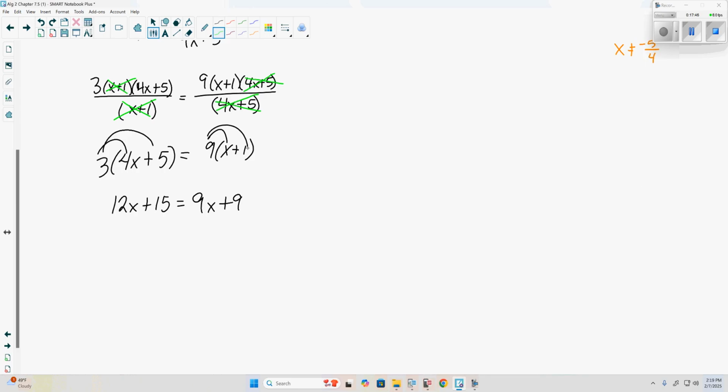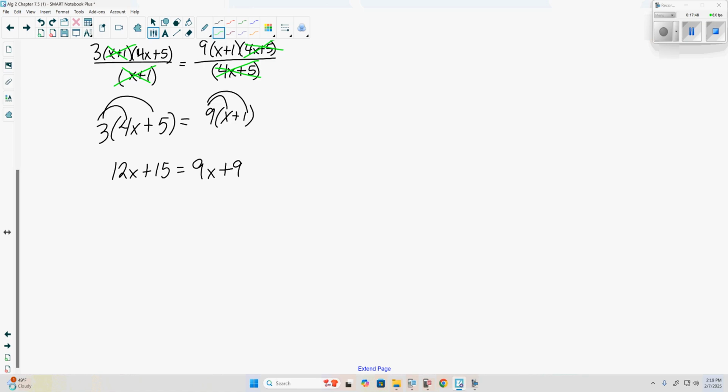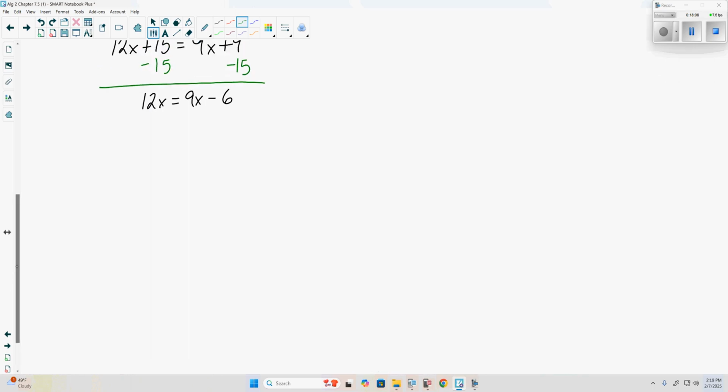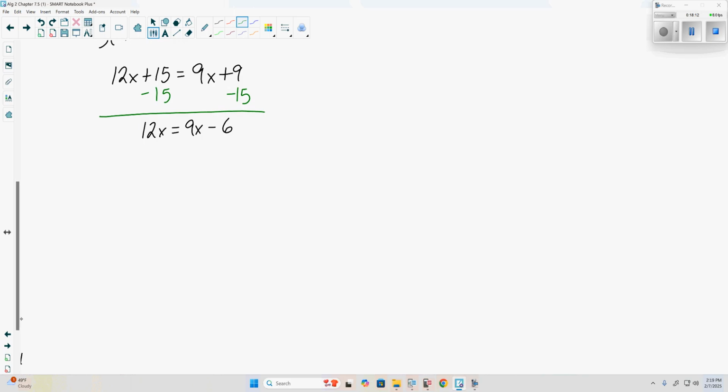So it's been a while since we've had an equation like this. Isn't this nice? What can we do first? Subtract 15, telling us 12x is equal to 9x minus 6. Are the x's together?